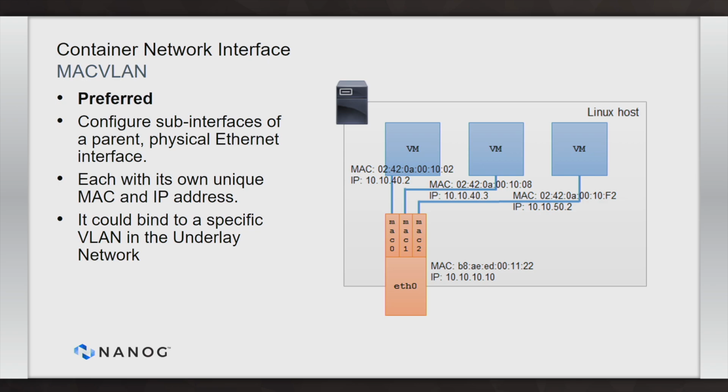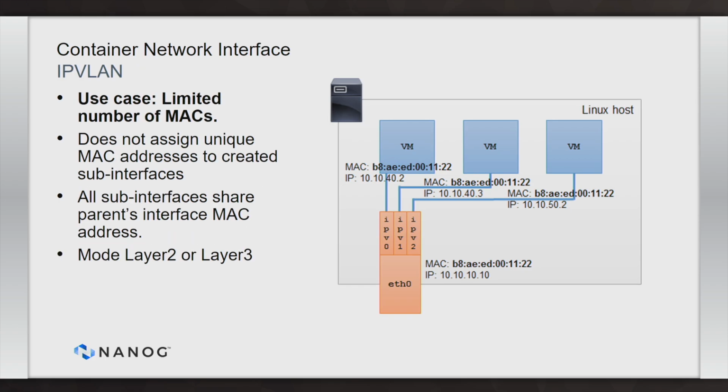A good thing about MacVLAN also is you can attach a specific VLAN ID on that interface to a specific MacVLAN interface. So if you want your pod going directly to a VRF in your router and a specific VLAN, this is a way to do it, for example. And then you're going to be isolating all the traffic that is coming from the router to that pod that way. Okay.